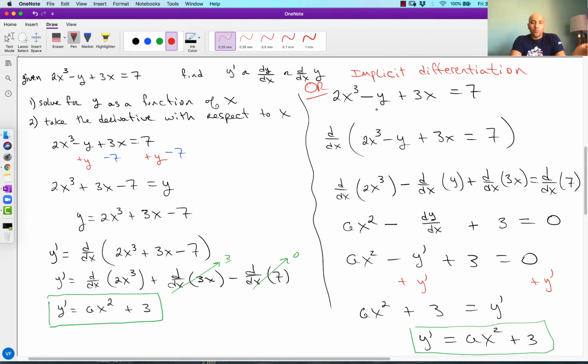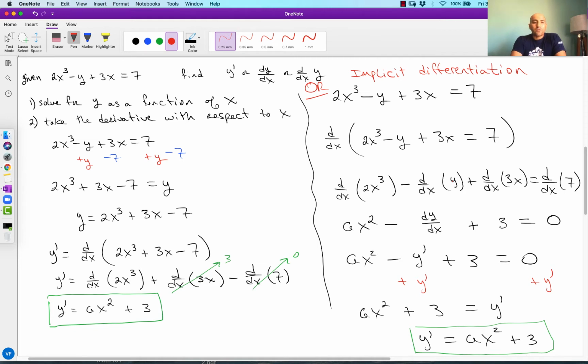And when you run into the derivative of something with respect to x, keeping in mind that x is the variable of differentiation here, you just take the derivative like normal. Like here, the derivative with respect to x of this one, no problem, just like before. The derivative with respect to x of this one and this one, no problem, just like before. It's really when you run into the y that looks a little bit weird. And just remember that the derivative with respect to x of the y, that's exactly what we're after.